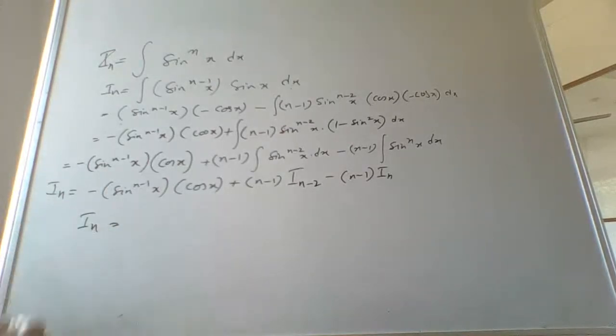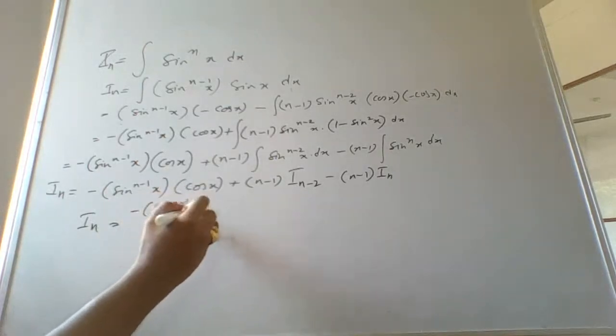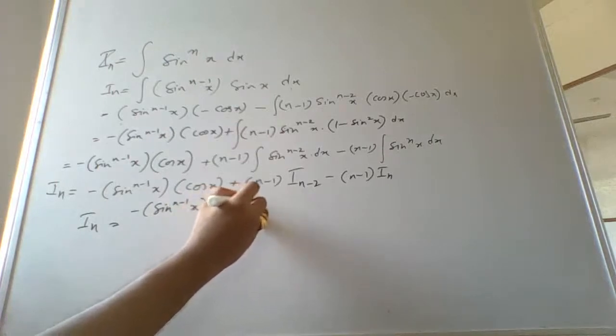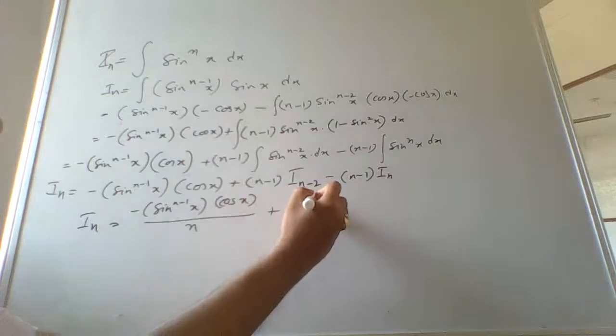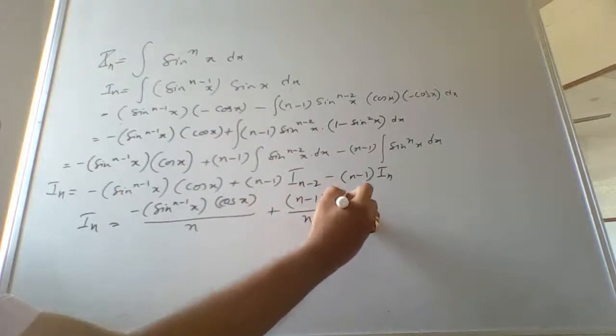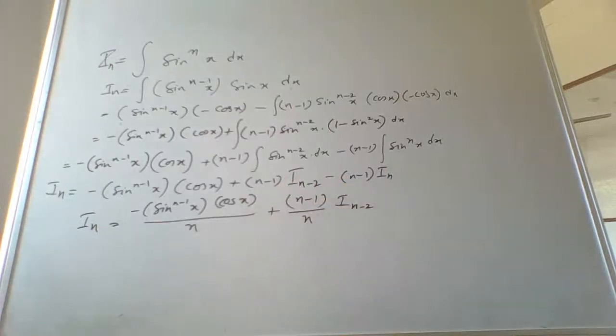That would lead to I n equals minus sine n minus 1 x cos x divided by n, plus n minus 1 divided by n times I n minus 2. So I got the term which is required. And this is the reduction formula for I n.